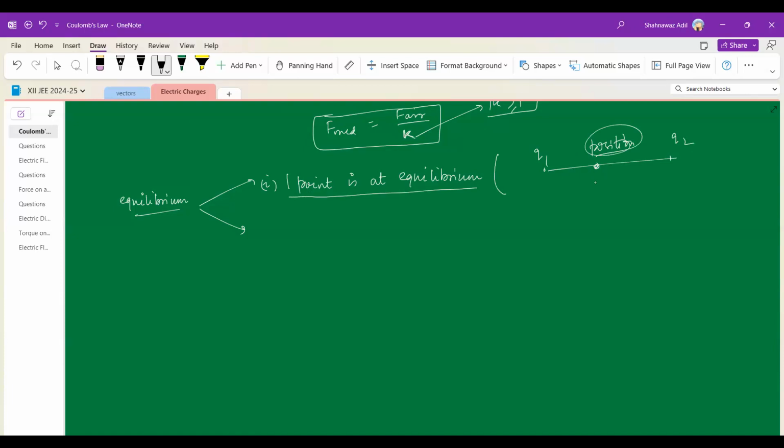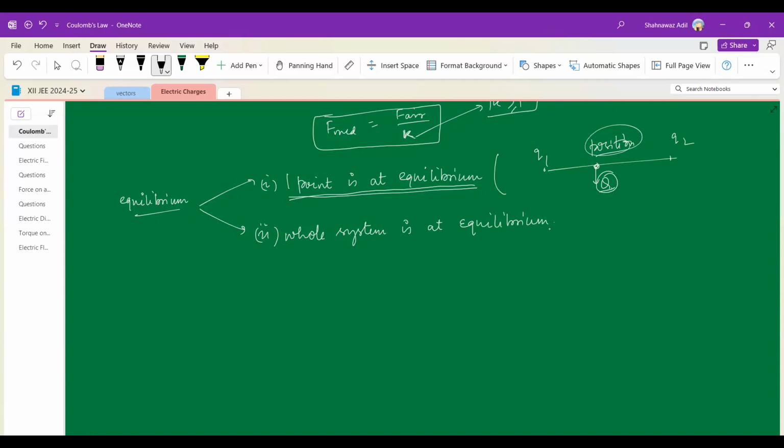These kinds of questions come under one point at equilibrium. The second kind is that the whole system is at equilibrium. You have already learned these two things, so I will not talk about them in detail.